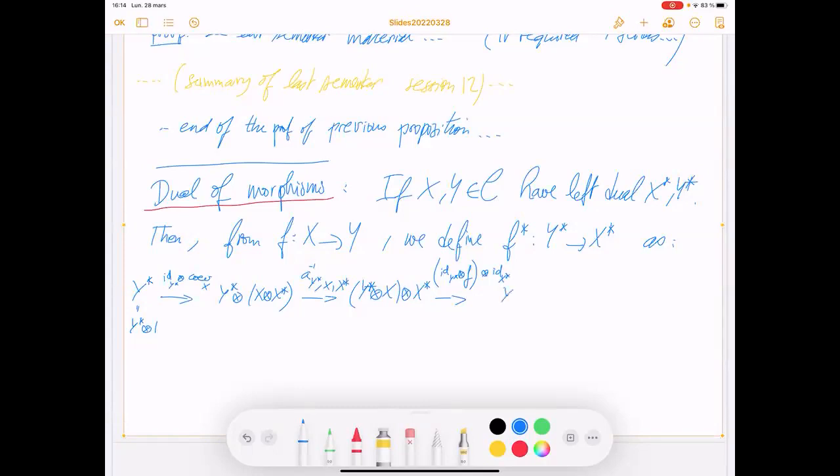So you have something like that. Identity goes to identity, f goes to f, and this is the identity. So it's okay. And then you apply the evaluation map of Y and the tensor with the identity of X star. And what you get is 1 tensor X star, which is X star by convention.